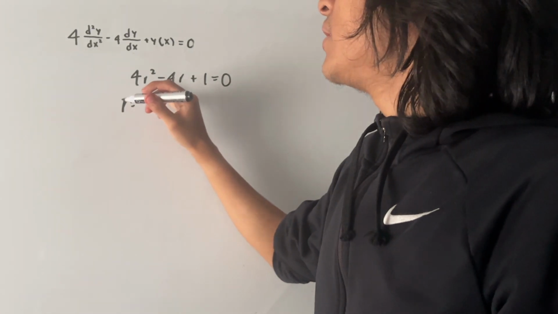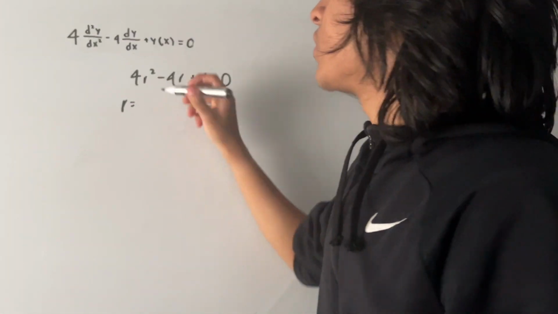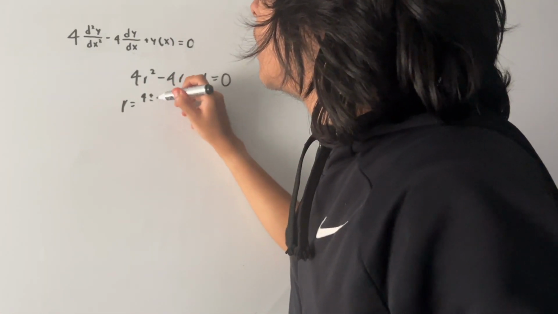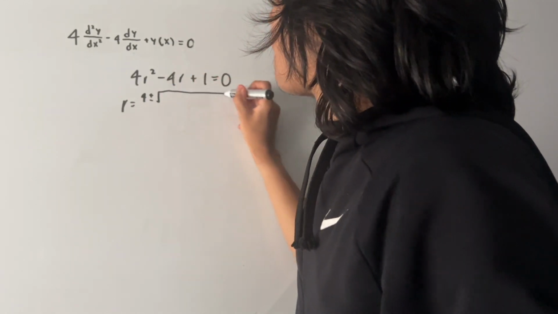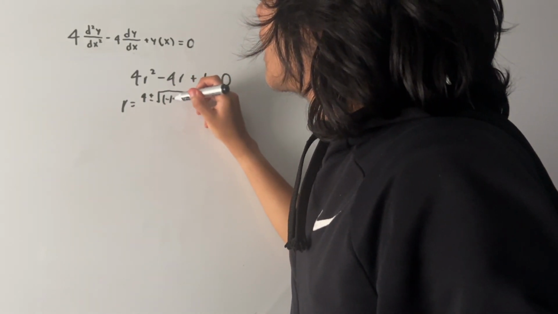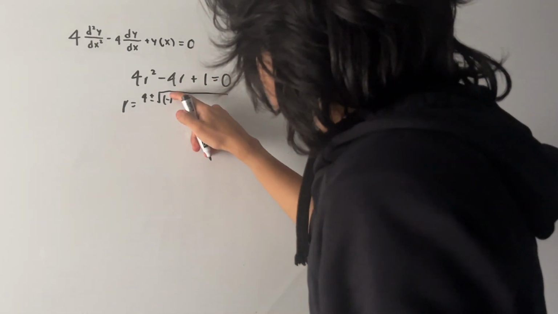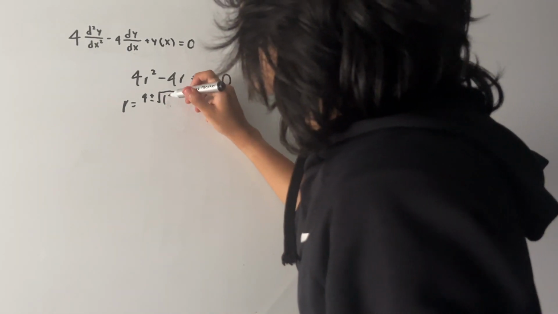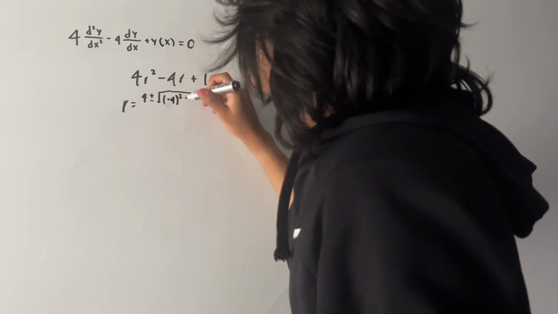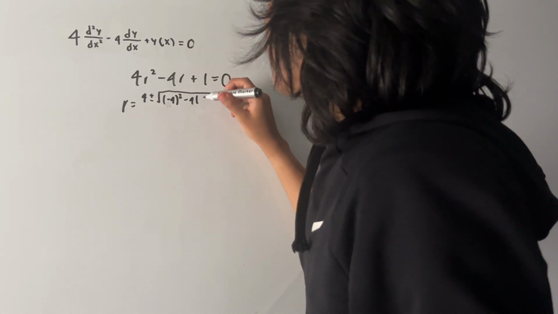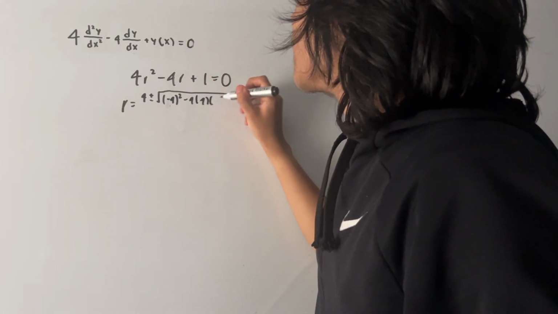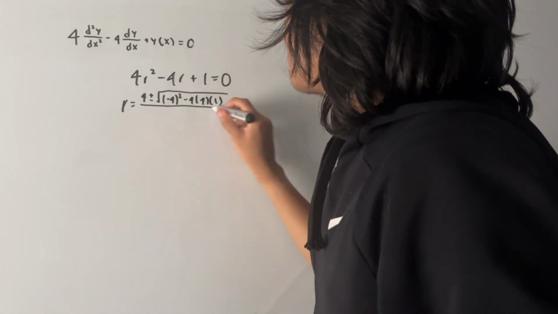Negative b, where b in this case is -4, so on the outside we just have a 4, plus or minus the square root of negative 4 squared minus 4 times 4 times 1, all over 2a.